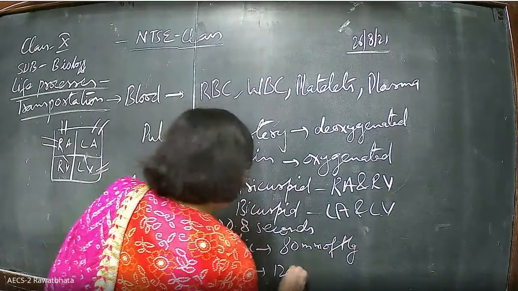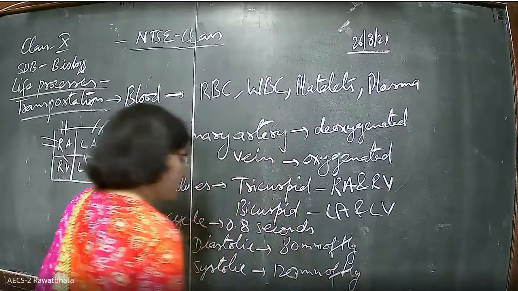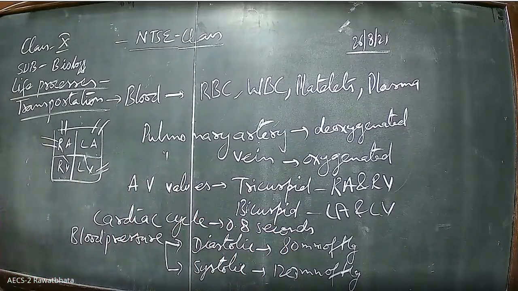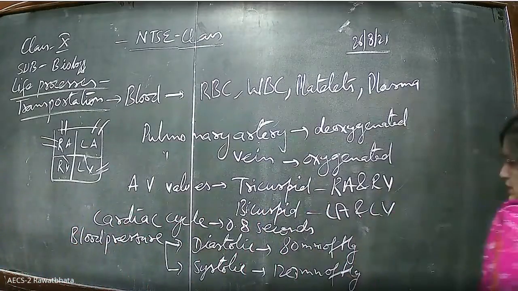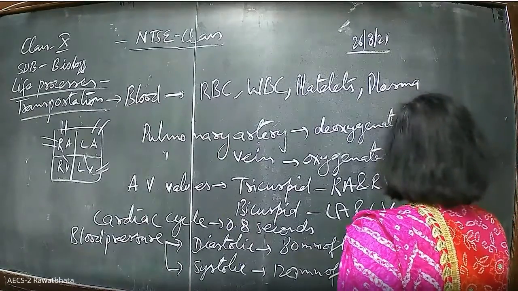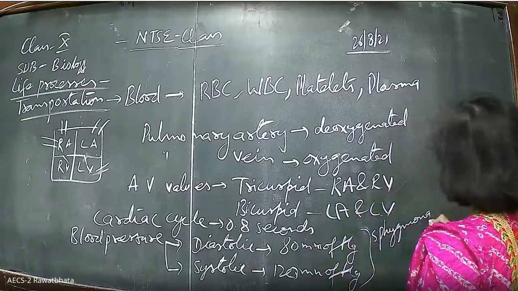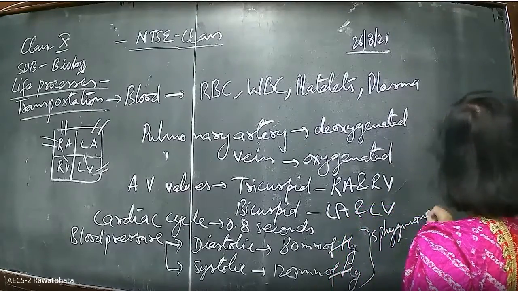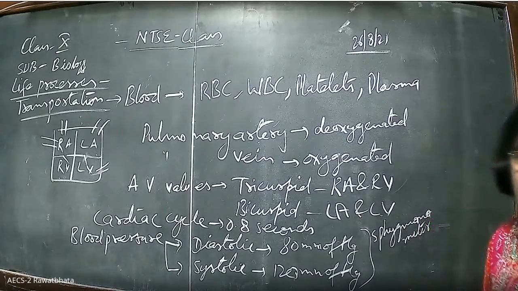And systolic is 120 mm of Hg, when it is contracting, and of course it is more. This is measured with the help of a sphygmomanometer, the instrument that is used for this.